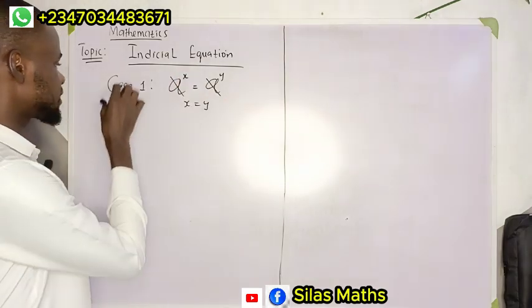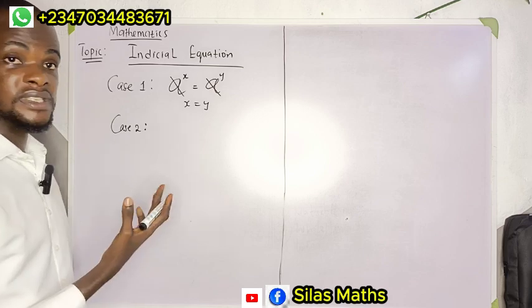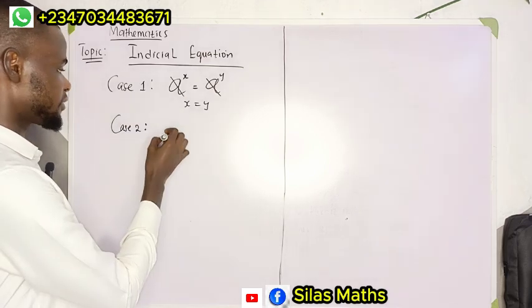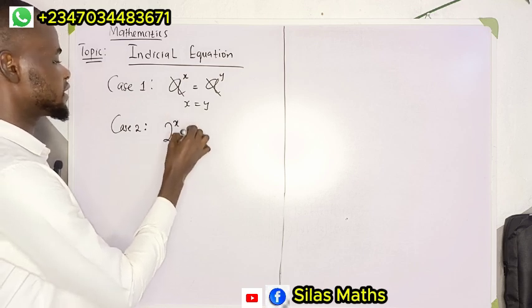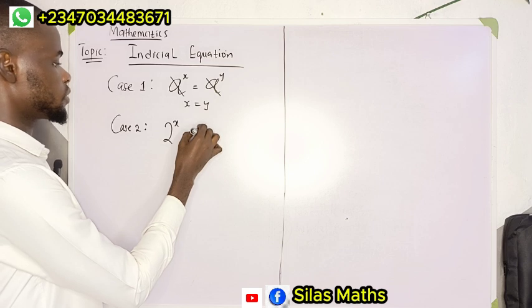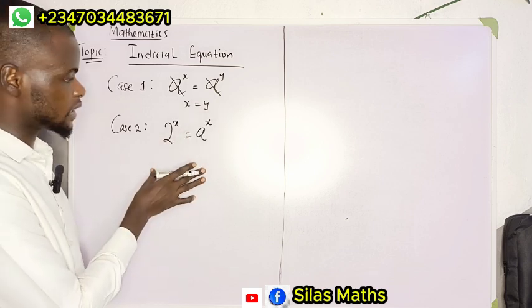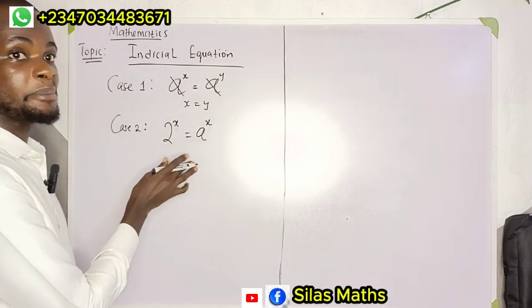The second case we need to consider, case 2, is when their powers are the same. Let's take, for example, 2 to the power of x equal to a to the power of x. Now considering this one, their powers are the same, so therefore we equate their base.